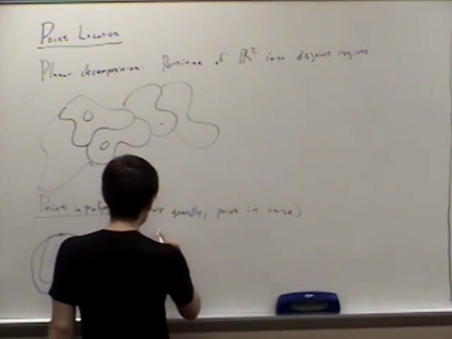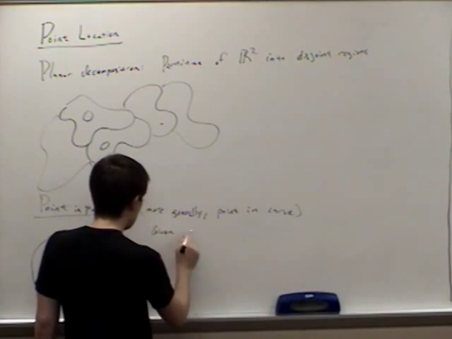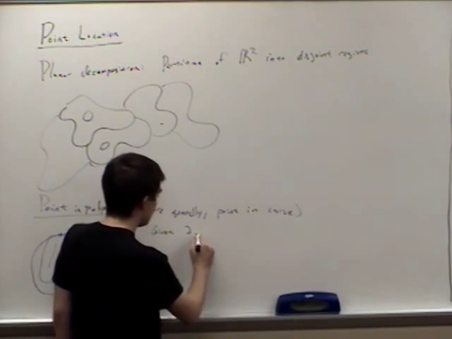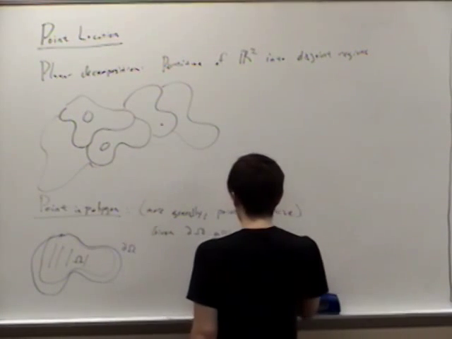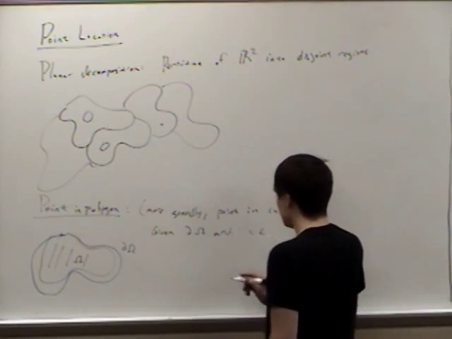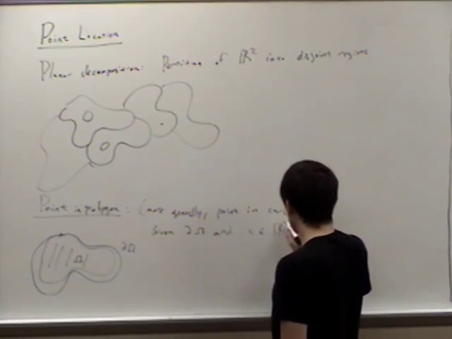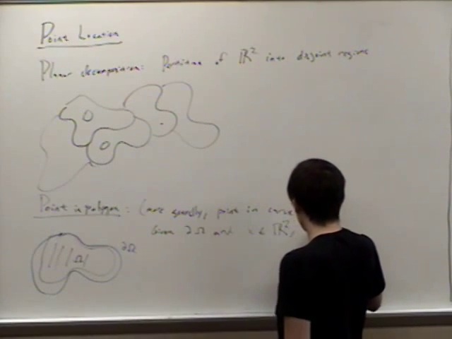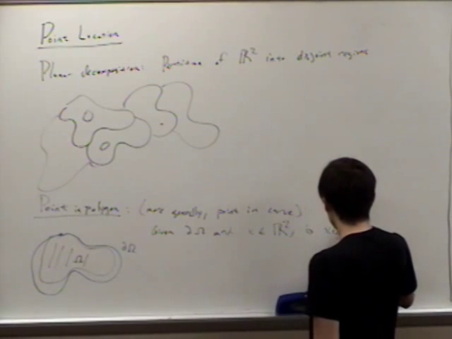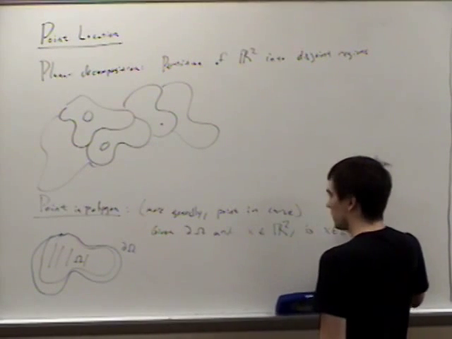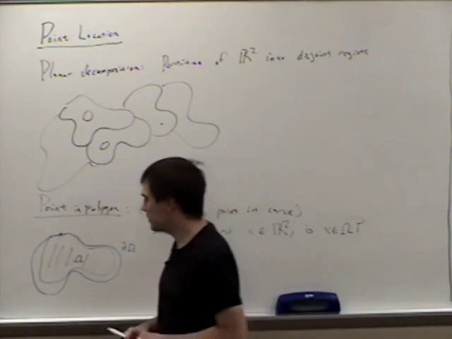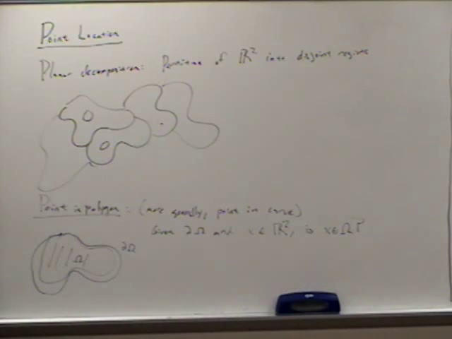And so the idea is, given the boundary of omega and x in R2, is x in omega? All right, that's the higher level picture here. We're just given the boundary of some region.